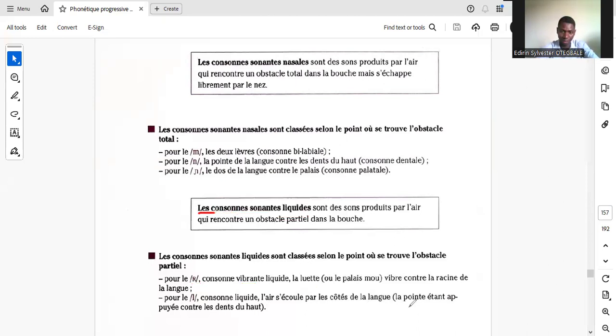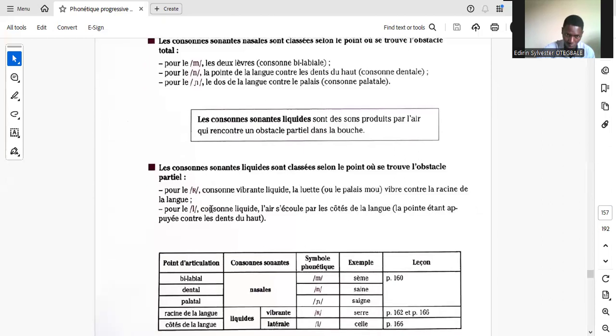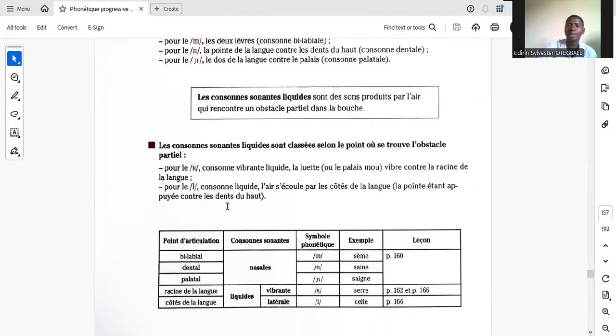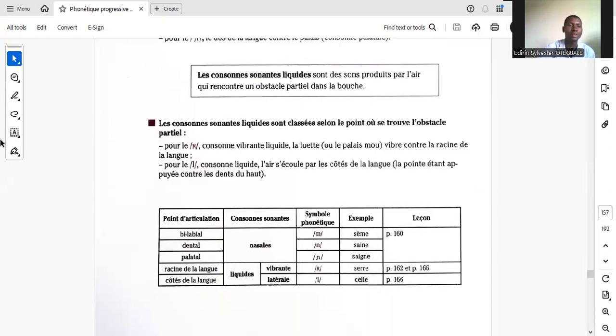So these are the five phonemes we refer to as consonnes sonantes in French. Let's look at them now in the table. In this table, we have the bilabial one, that is M, example: sème.